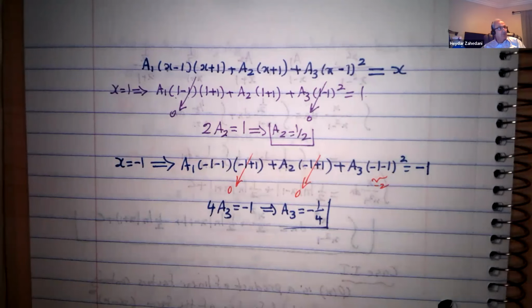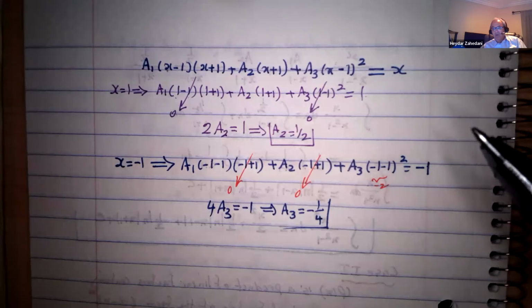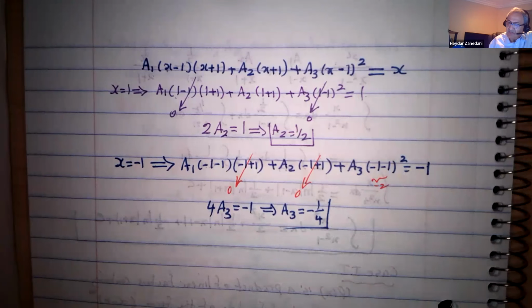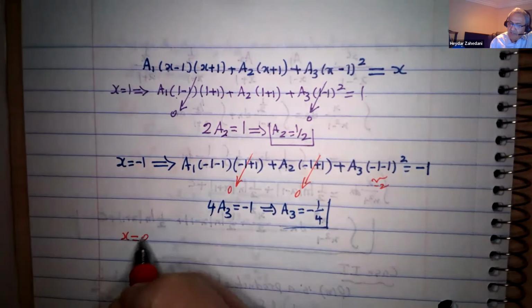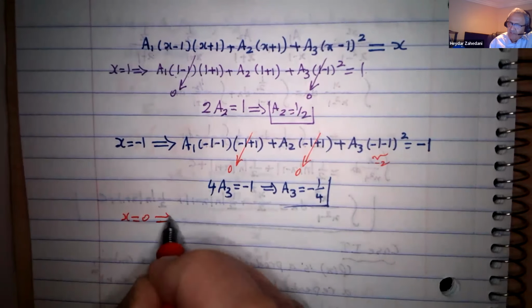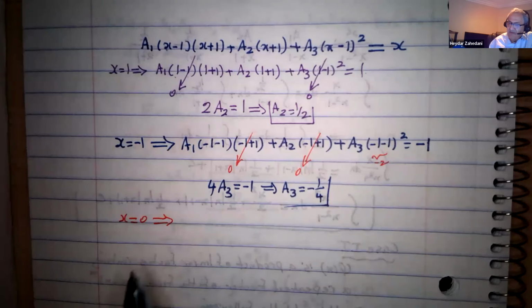You can pick any number you like, x equal to 10,000, 1, 2, 3, or 0. The easiest case is 0. It's optional. The solution would be the same if you pick any number you like. I pick something easy, 0. So go back, substitute x equal to 0 carefully and evaluate.